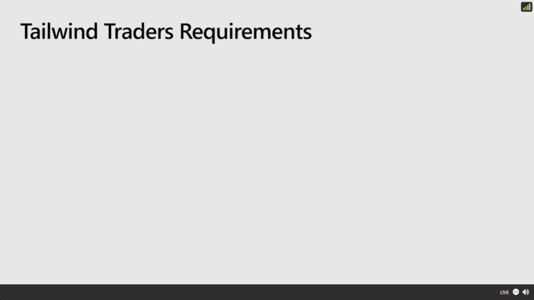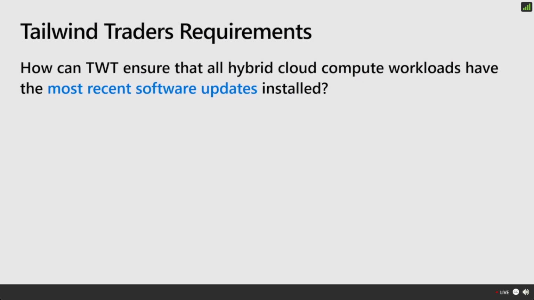In this session, we're going to look at a couple of different scenarios Tailwind Traders faces and some of the challenges they're dealing with today. And we're going to have a look at how they can solve these challenges using some of our Azure services. The first one we are going to look at is how Tailwind Traders can ensure that all their servers in their hybrid environment have the most recent software updates installed.